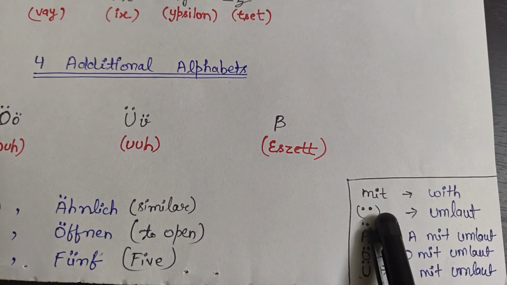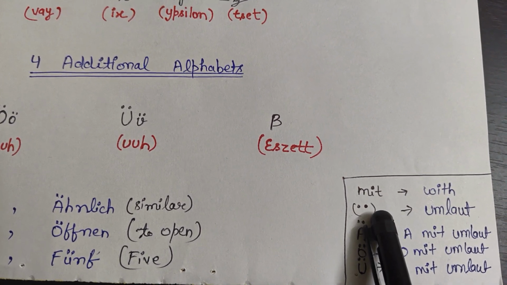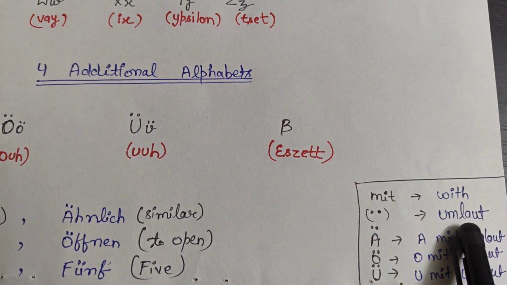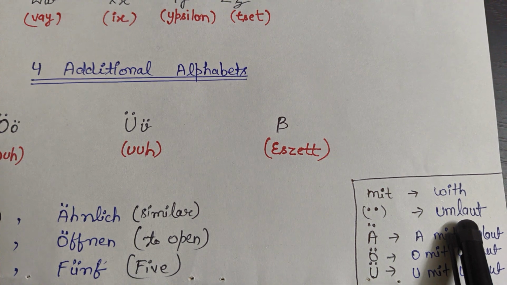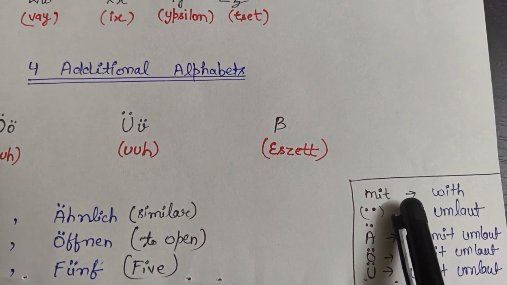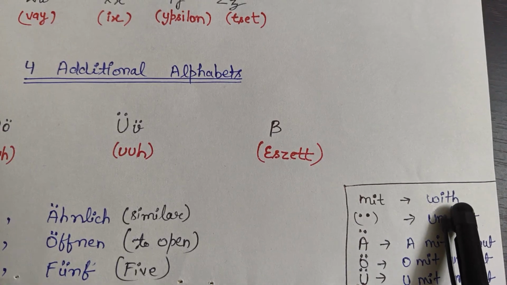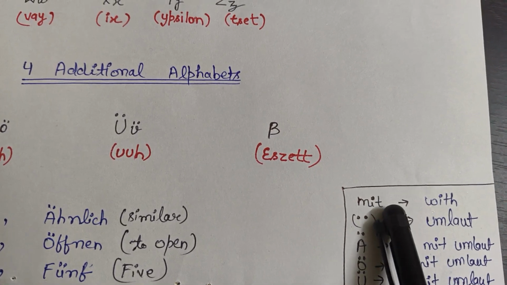Here, these dots in English are called umlaut. In German, we translate "with" as "mit".